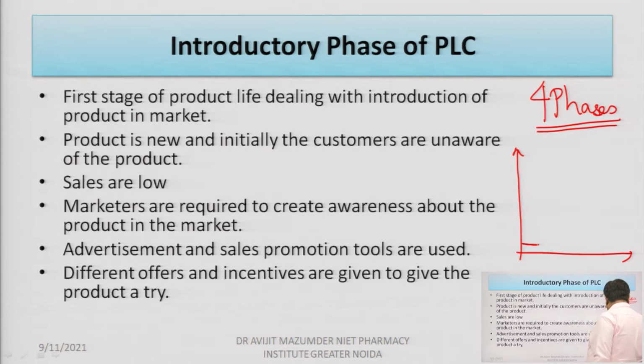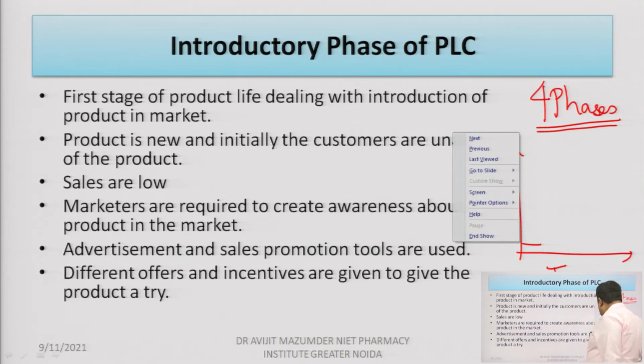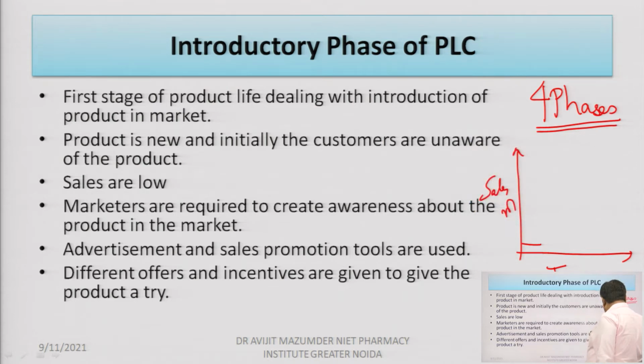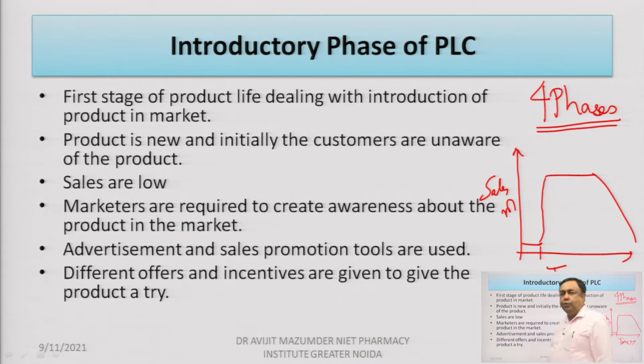If I go across time on this axis and sales volume on the other axis, initially, whenever you are trying to create awareness, the sales volume will not be very high. Up to this particular period the sales volume will be low, gradually it will shoot up, then it will remain stationary for a certain period of time, and then gradually it will come down.